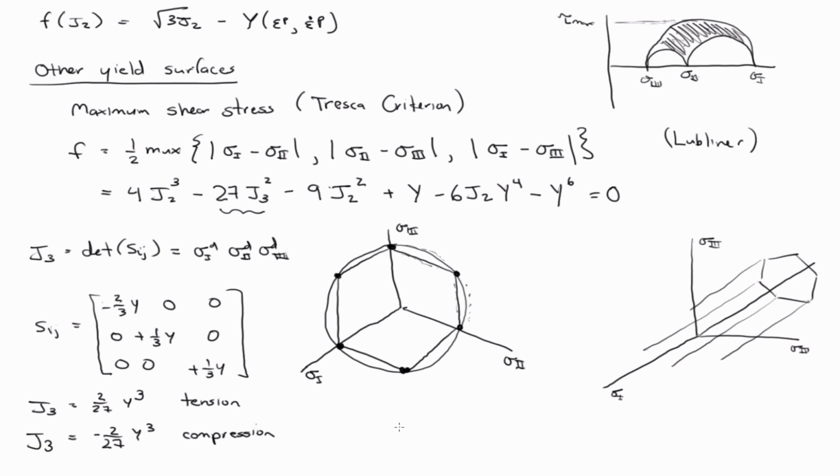And essentially what we do when we use an associated flow rule, right, we're assuming that the direction of the flow is perpendicular to the surface, okay? Perpendicular to the tangent of the surface, okay?